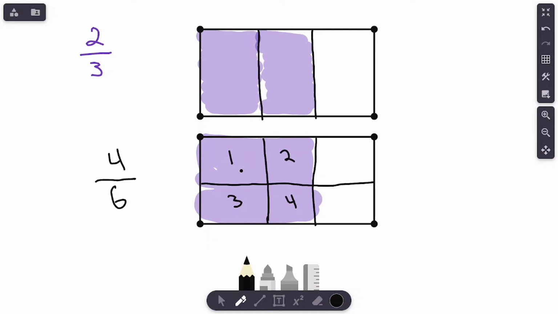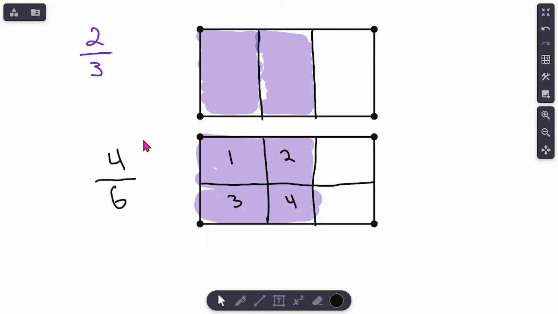Notice, the pieces have gotten smaller, but it still gives us the same amount. This amount that's colored in purple is the exact same amount that's up here in purple. These are equivalent fractions. This strategy here is another great way of going about solving these problems.